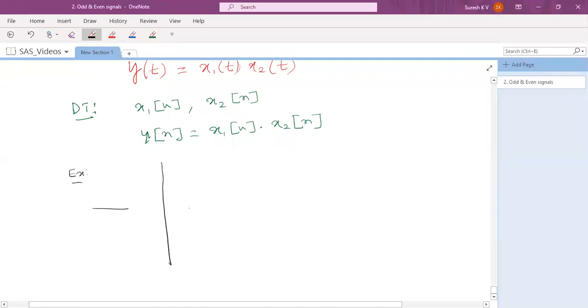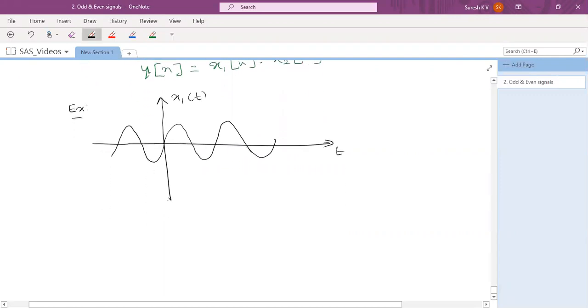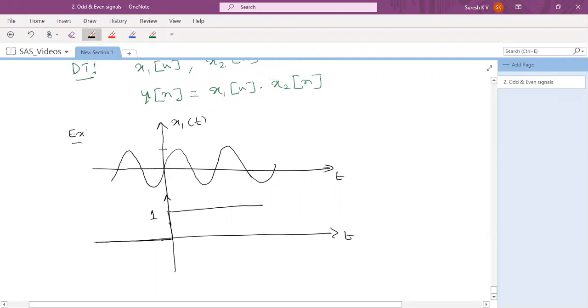Let us assume that we have a sinusoidal signal extending from minus infinity to plus infinity. Let me consider this as x1 of t. And I have another signal x2 of t, which is 0 for all the negative values of t and whose value is 1 for all the positive values of t. This signal is called a unit step function, which we'll discuss in this course later.